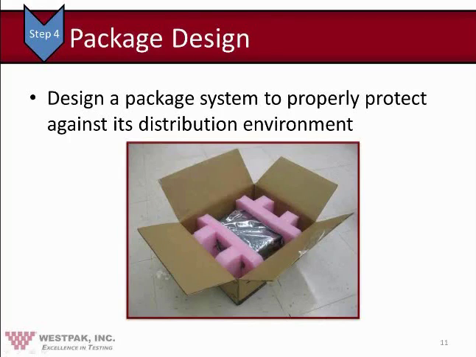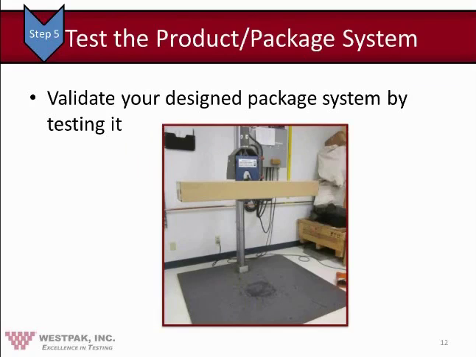The fifth and last step of the 5-step method is to test your product and package system. When you're testing your product and package system, what are you trying to tell yourself? What are you trying to validate? You're trying to tell yourself that the package that I designed in step 4 validates everything that I tested for in the previous steps. What this means specifically is, during drop and impact testing, you want to make sure that when you drop your product, it doesn't see its critical acceleration levels.